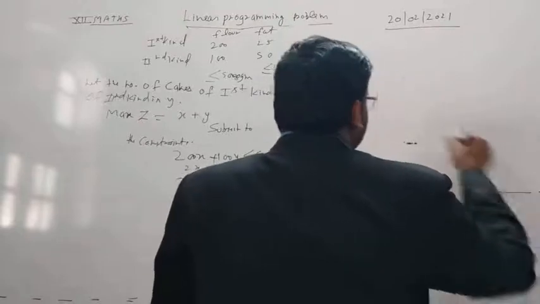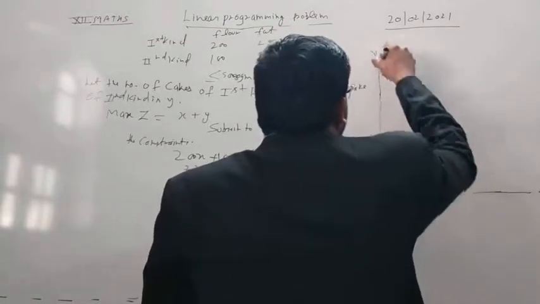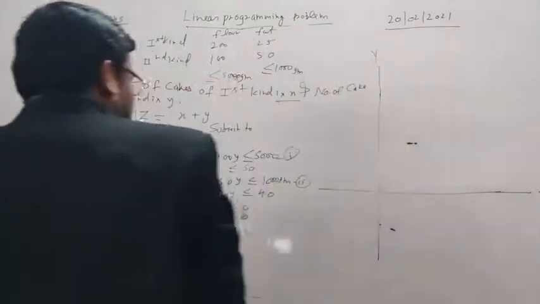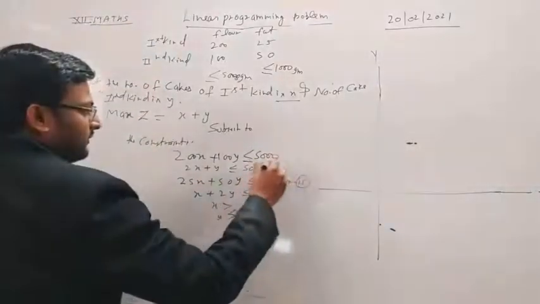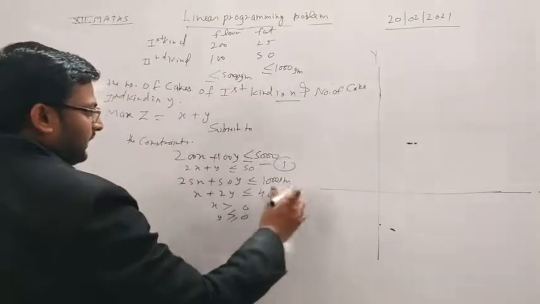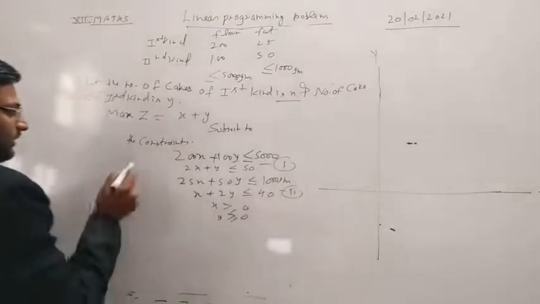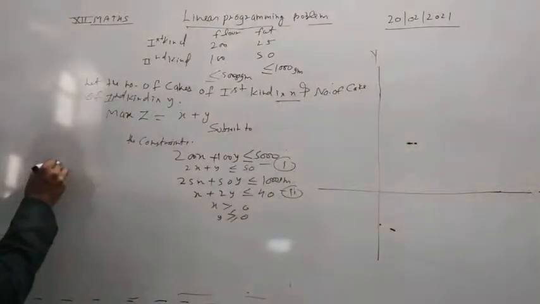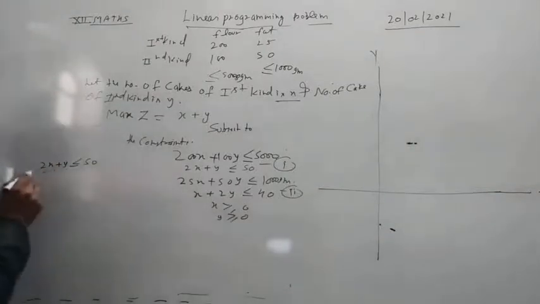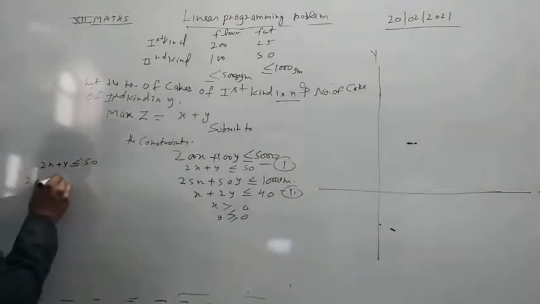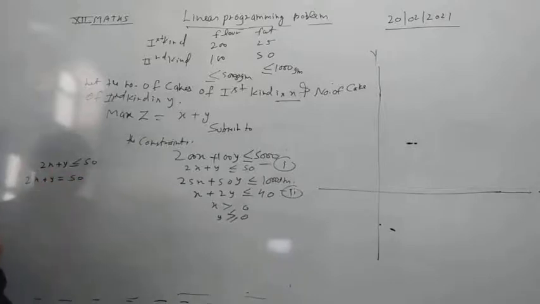So this is x and this is y. We take the first inequality, 2x plus y is less than or equal to 50. First we convert this into an equation, and then we find the points.